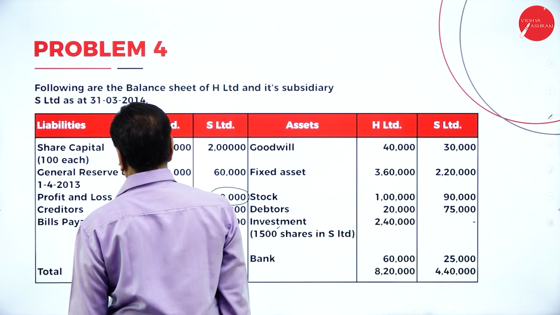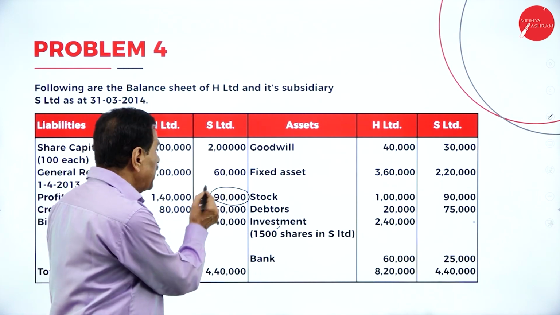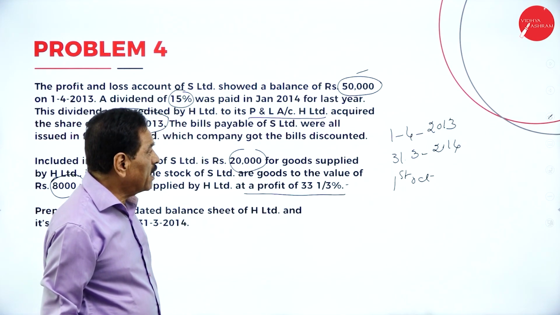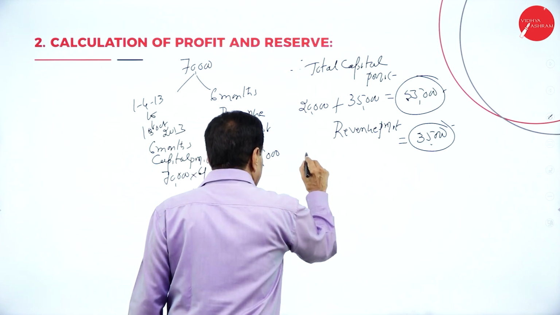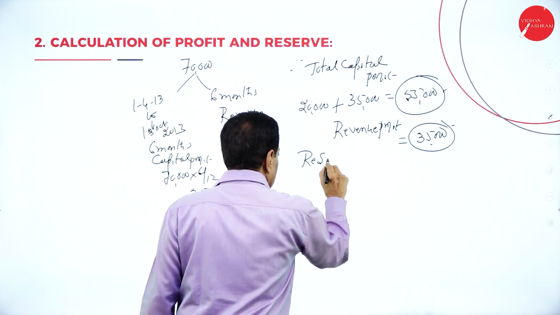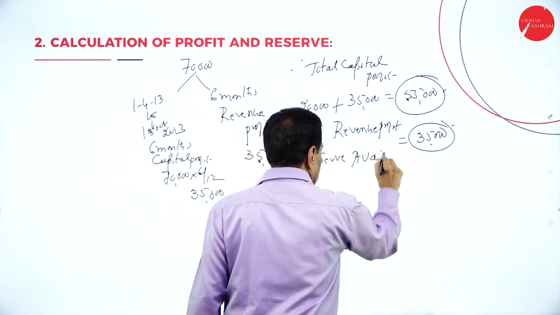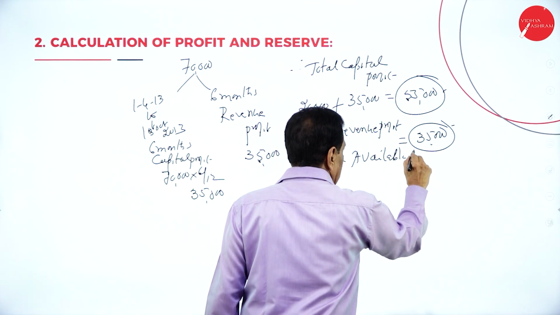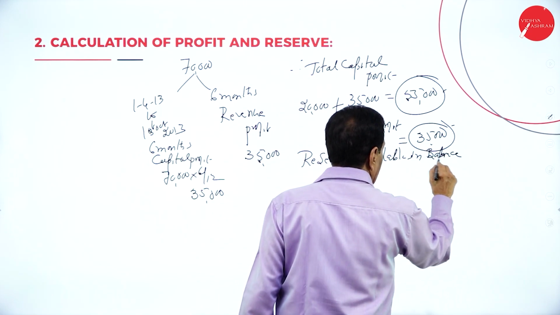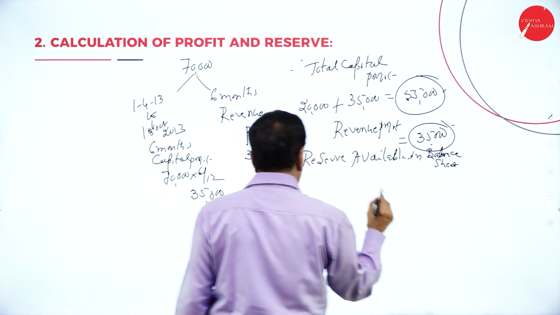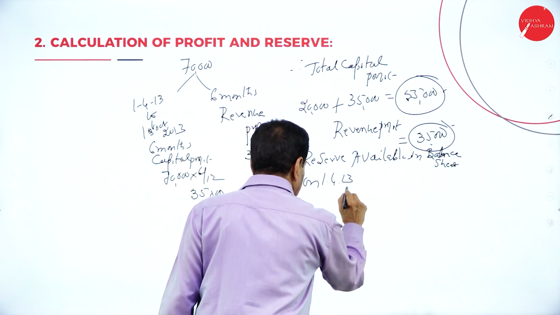Then regarding the reserve, if you see, general reserve is 60,000 at the end of the year. Whatever reserve is available in the balance sheet as on 1/4 is capital reserve.